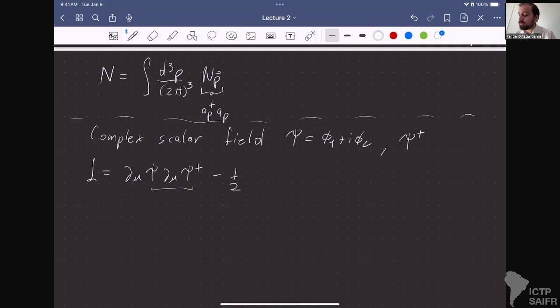And then you have, here you don't have the factors. And again, terms that are real. Real, and real.